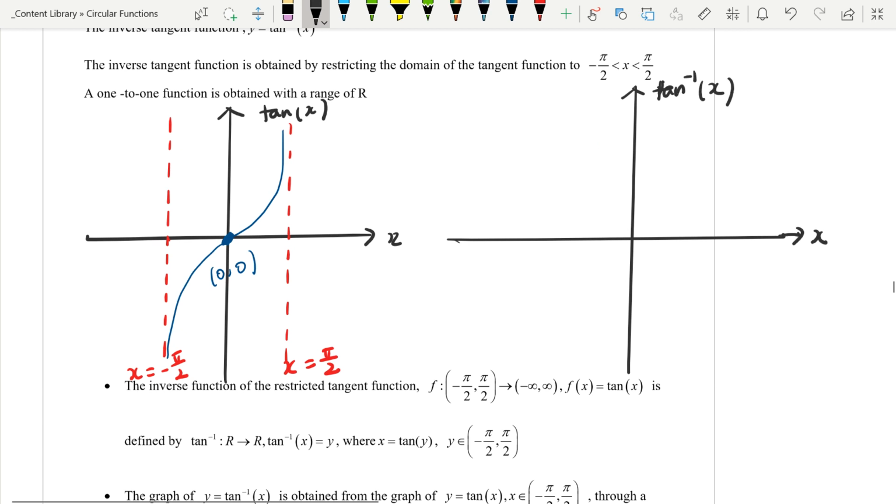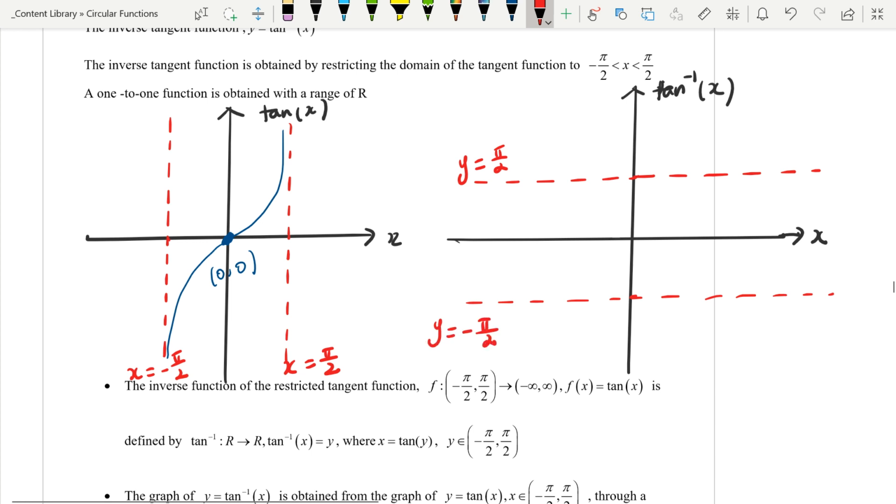So first let's get the horizontals: y equals pi on 2 and y equals minus pi on 2. The point 0, 0 still stays as 0, 0. The original graph is an increasing function, so after reflection, it's still increasing. After doing the inverse, it's still increasing. So tan inverse is an increasing function.